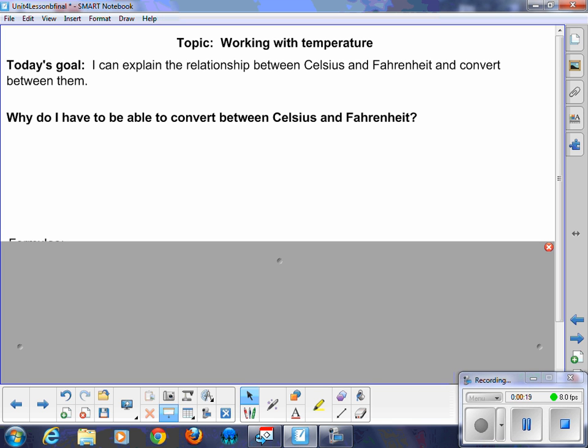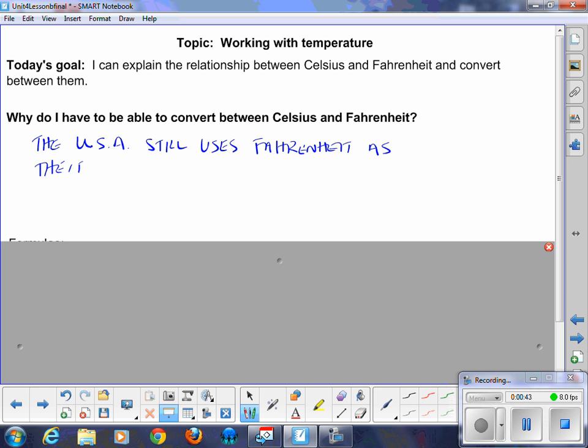And it's the same answer as what we talked about in the grade 9 course, and then earlier in this course: it's because of our neighbors, the Americans. The USA still uses Fahrenheit as their temperature units.